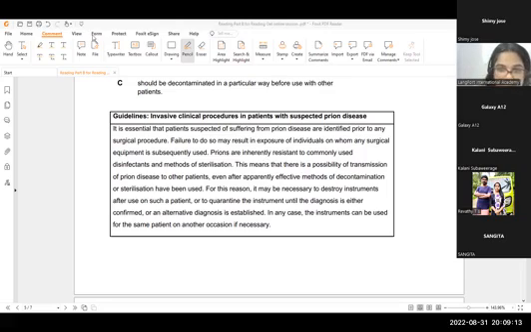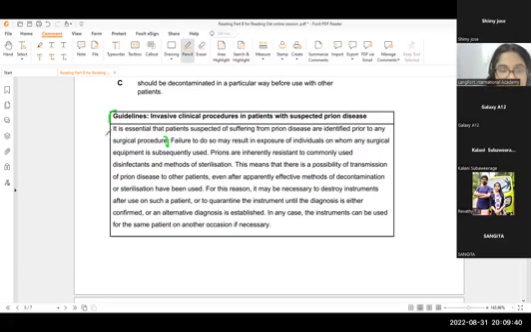Okay, all right. Tindy, can you read the heading and the first sentence for me? Unmute yourself. Guidelines: invasive clinical procedures in patients with suspected prion disease. So they are talking about doing invasive clinical procedures for patients who might have prion disease.